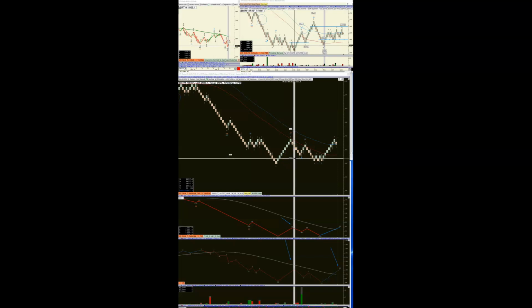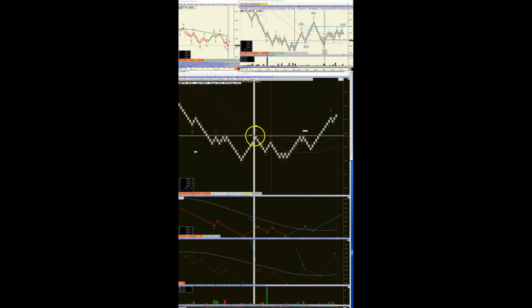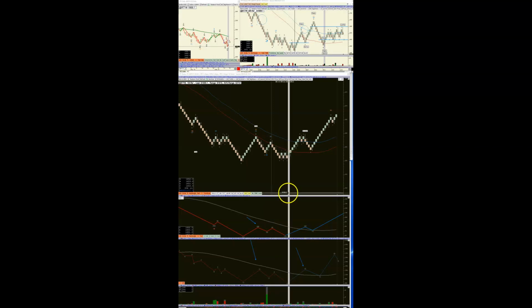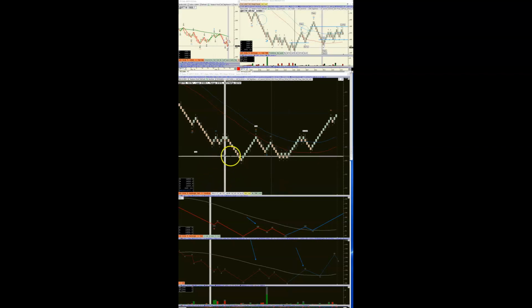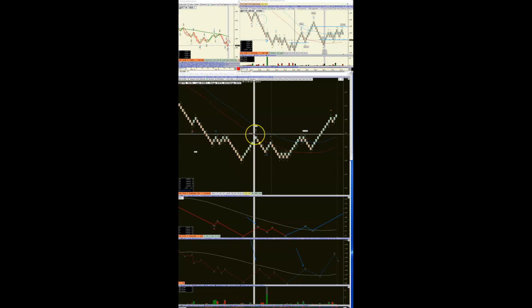So, trying to be very specific here. If you want to combine that next with something else, you can do it. You can combine it with a number of things. You could use internals. You can use what else? Stocks or other indexes. What you don't want to do is use the same derivative of the same price volume action that you're looking at, because you already have that data.